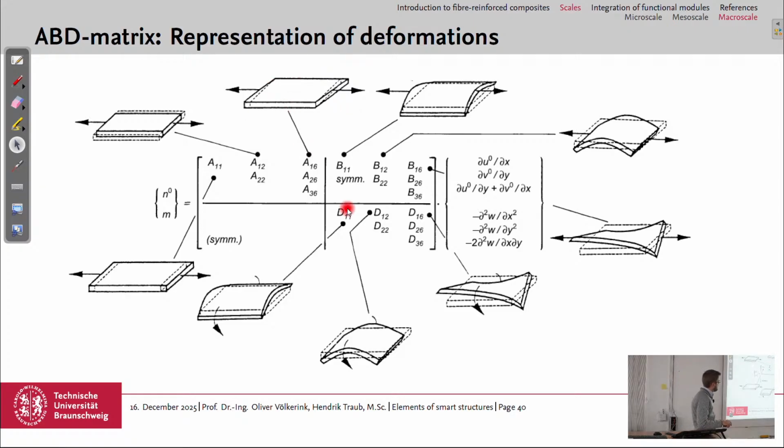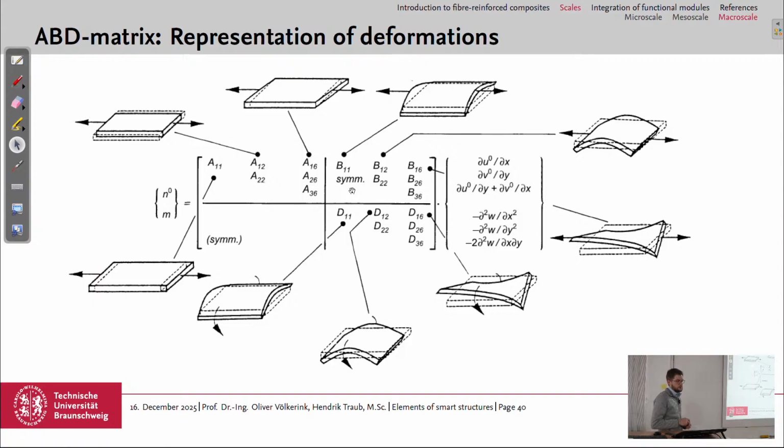We have here on the diagonal the plate stiffness. So how does it behave under bending in the different directions? And what is, I think, interesting is these B matrix, which is the coupling matrix.